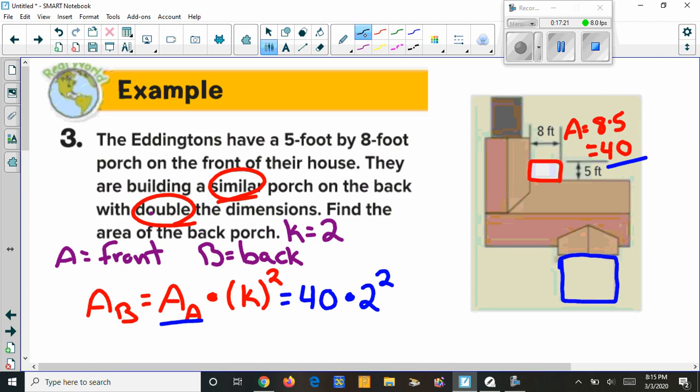And I can finish solving this problem. Really be careful. Order of operations comes into play. We have to handle this exponent first. So that's 40 times 4 for 2 squared. And this is equal to 160 feet, since I'm talking about area, squared.